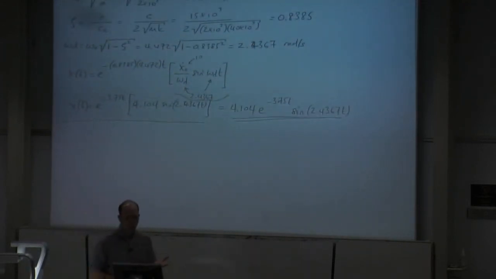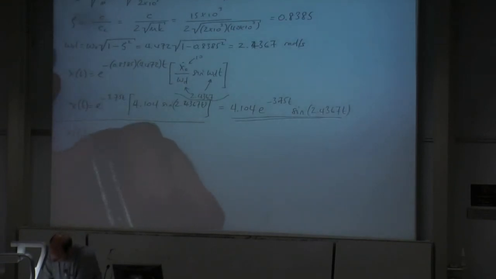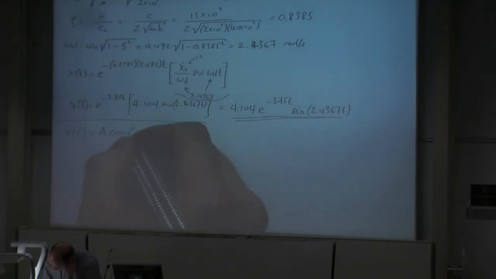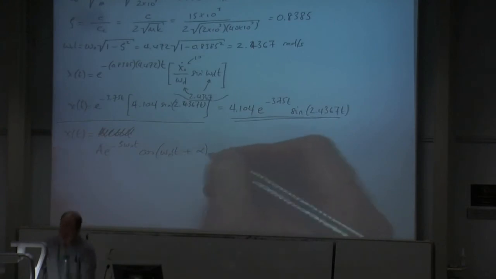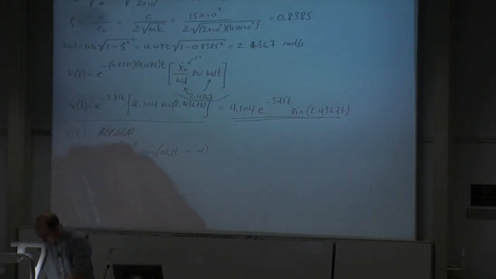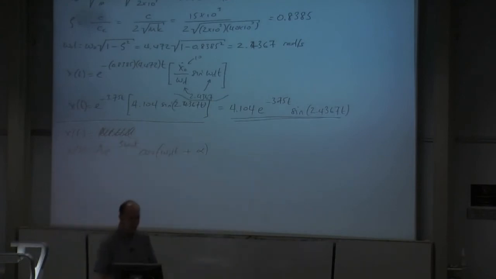We know that with a free damped system, the equation for x of t is, apologies, A e to the minus zeta omega naught t cosine omega d t plus alpha. So that's for a free damped system.